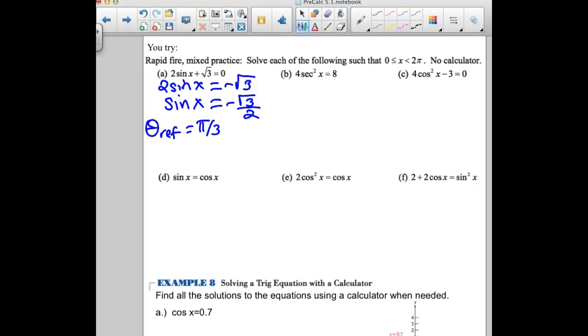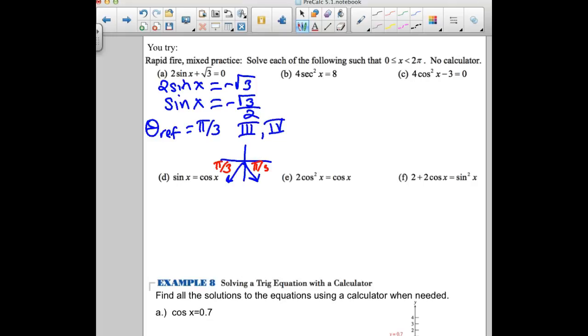Okay, sine is going to be negative in quadrants 3 and 4. So picture being in quadrant 3 or 4 with a pi over 3 reference angle. We could be here or we could be here, with this being pi over 3.